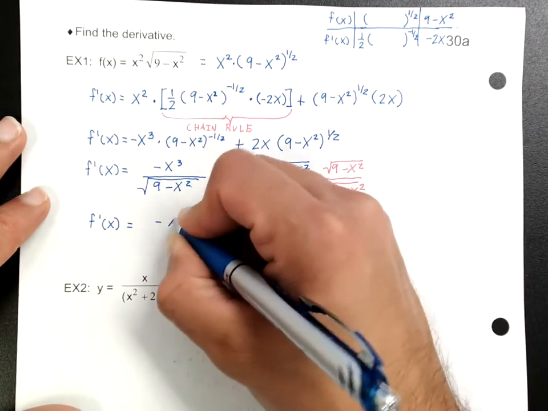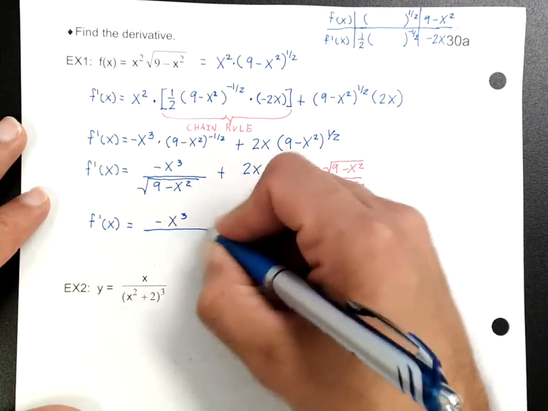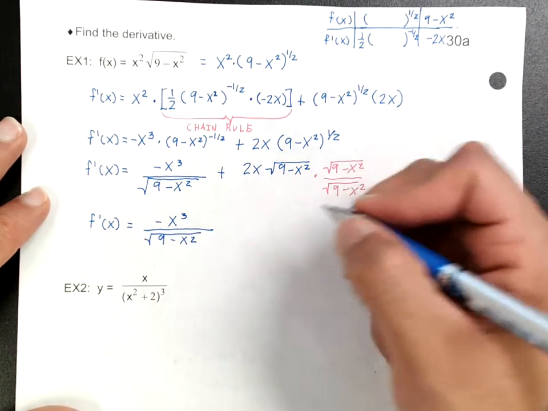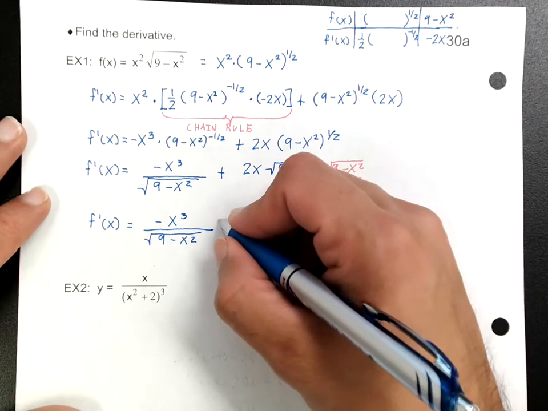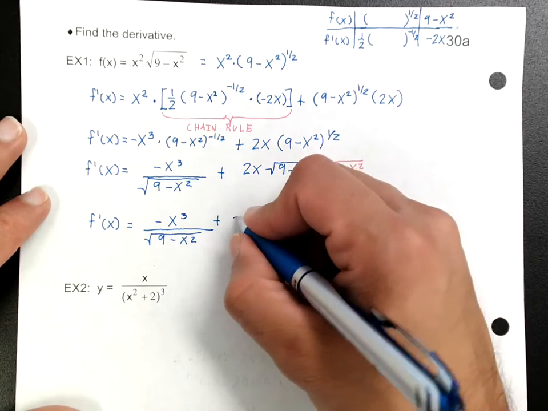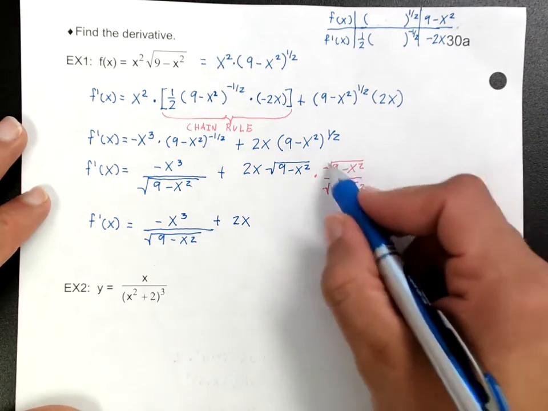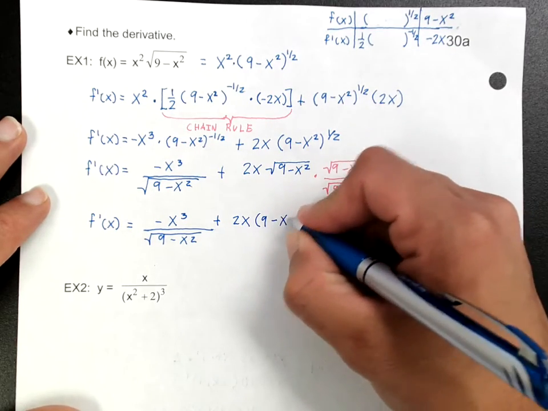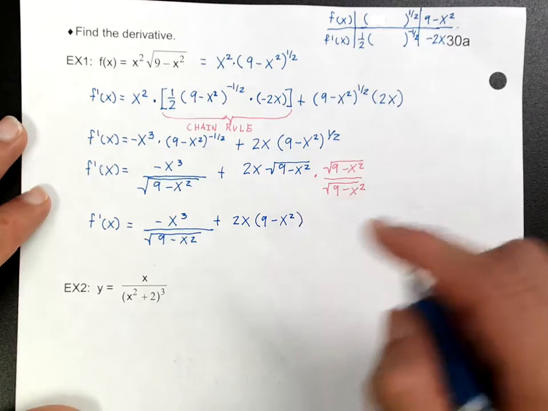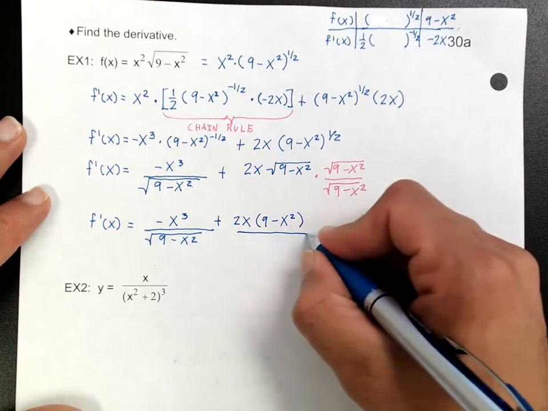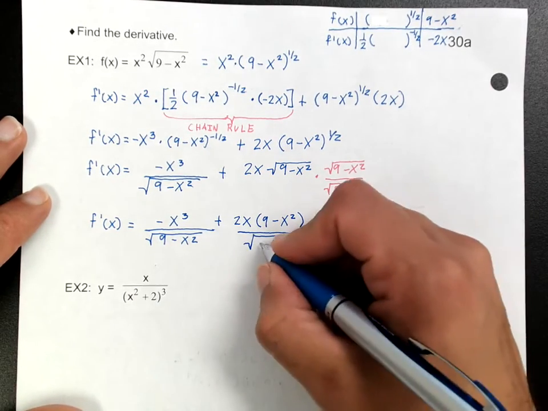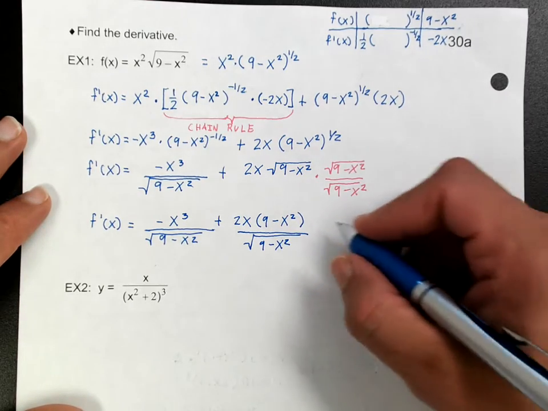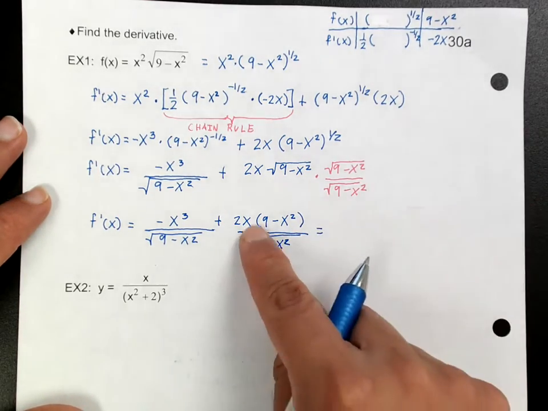this right here is going to remain the same. Now this right here I'm going to have plus 2x. Now this right here, when I multiply this times this, that's going to get rid of the square root. So I'm going to end up with 2x times 9 minus x squared over this. Okay. Now I'm going to distribute that.